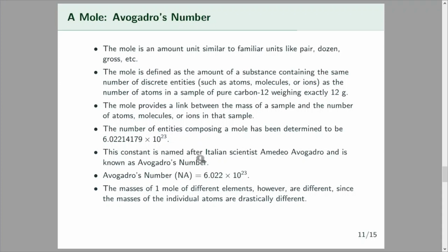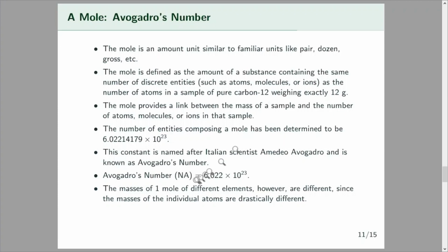The constant is named after the Italian scientist Amedeo Avogadro and is also known as Avogadro's number. We usually write it as 6.02 times 10 to the 23rd or 6.022 times 10 to the 23rd. Again, it's just how many carbon-12 atoms it takes to weigh exactly 12 grams.